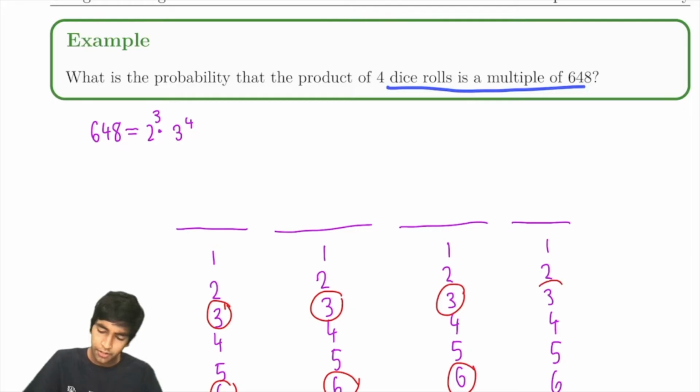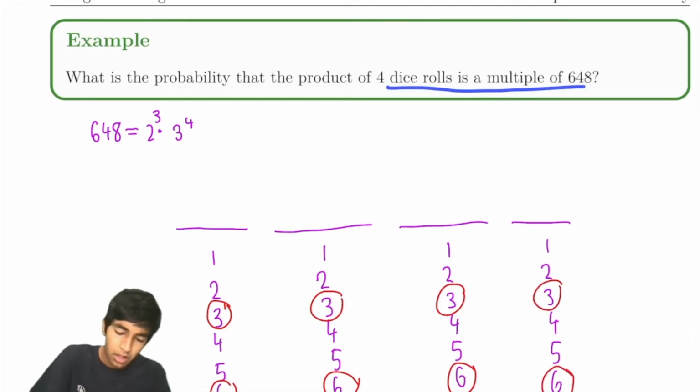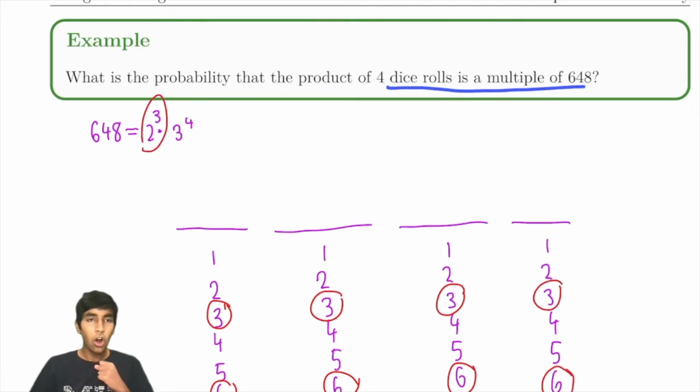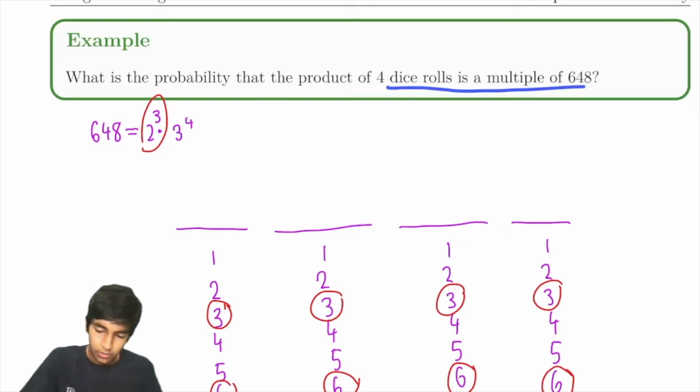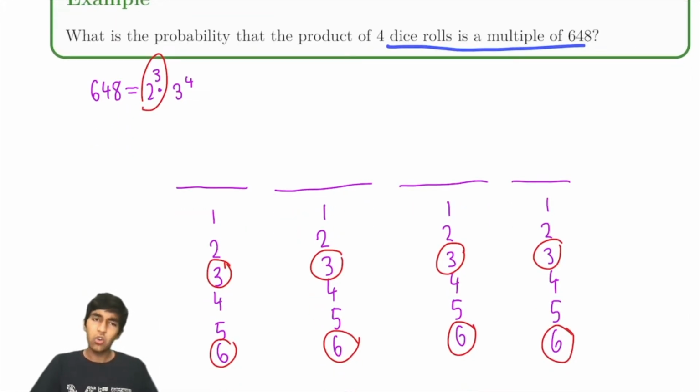Okay, but we've also got the condition that it has to be a multiple of 2 cubed. So we know each dice roll is 3 or 6, and 2 cubed. The dice roll we narrowed down is either just 3 or 2 times 3. So either we just get a factor of 3, or we get a factor of 3 and a factor of 2. Okay, so we need at least 3 factors of 2.